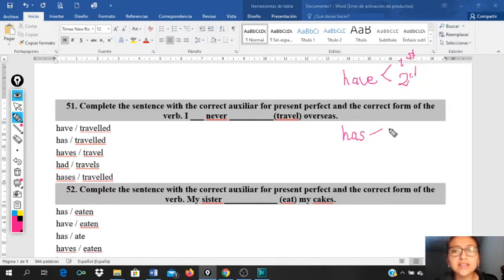And we use has for third person, okay? So, I never travel. And also we are going to remember, vamos a recordar que con el presente perfecto we use the PP verb. Utilizamos el verbo en pasado participio. Muy bien.